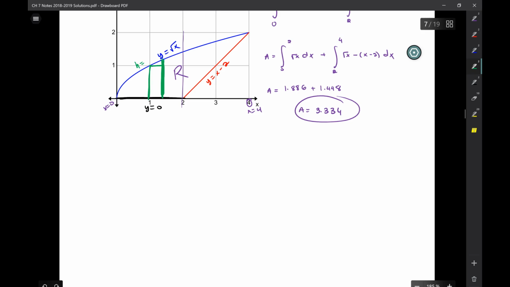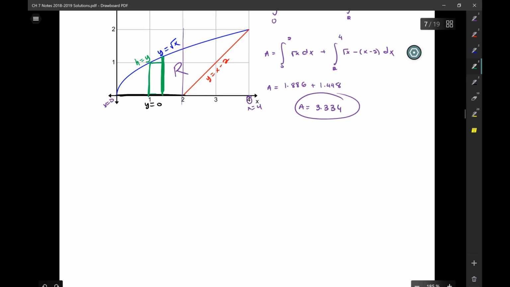It's y. The height is the y. And what about the width? It's a unit in x. The width is dx. So our width was little increments of dx, which we were adding up over the interval on the x-axis. So the little increments that we're adding up were in the x-axis. That's called integrating with respect to x.